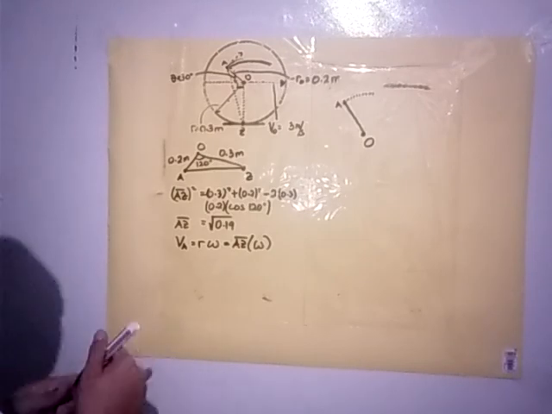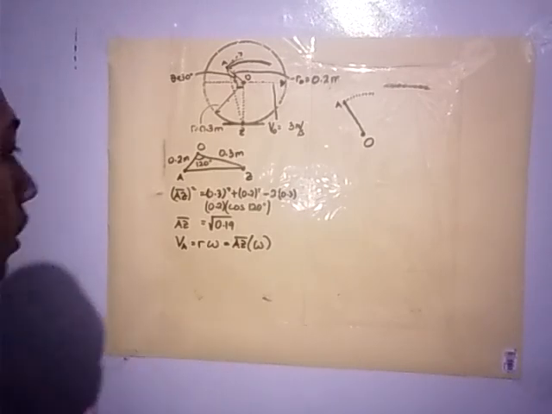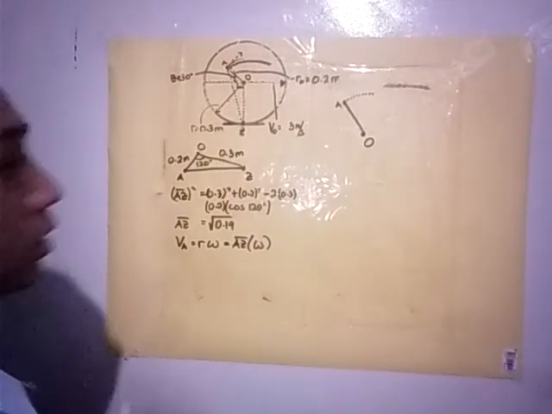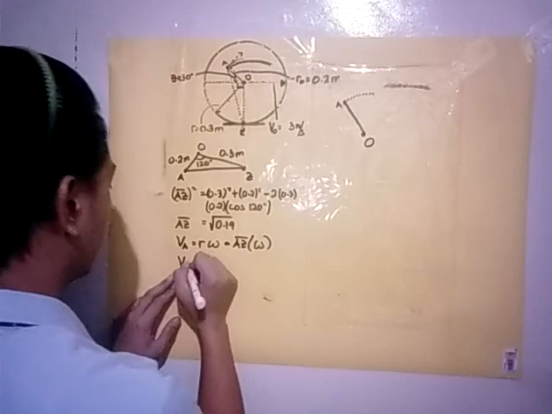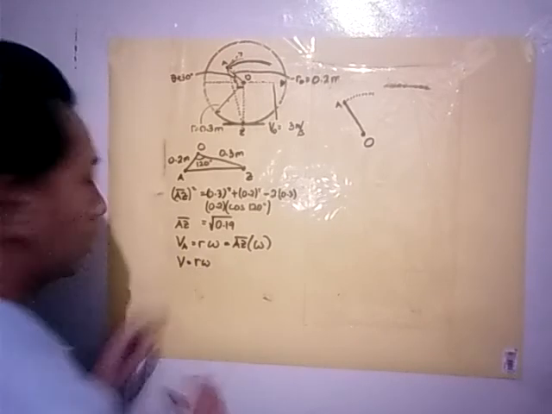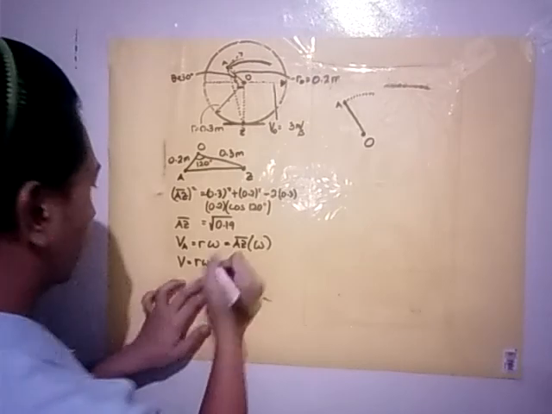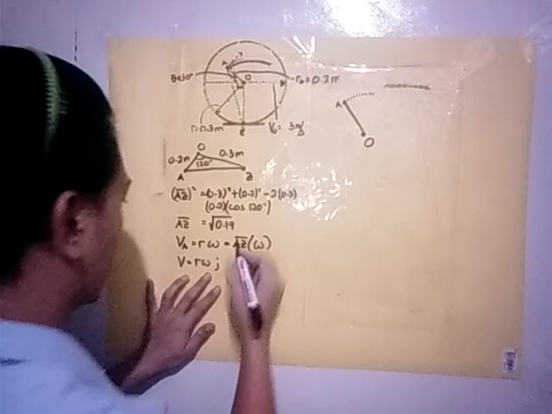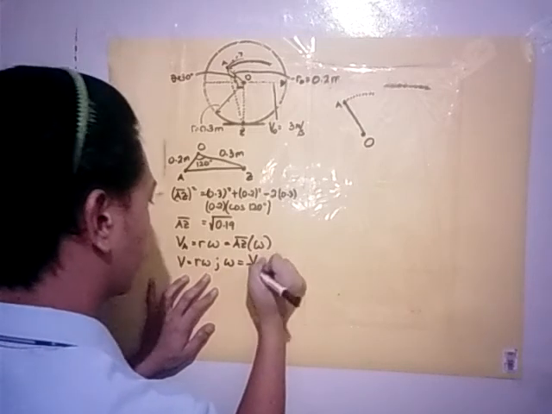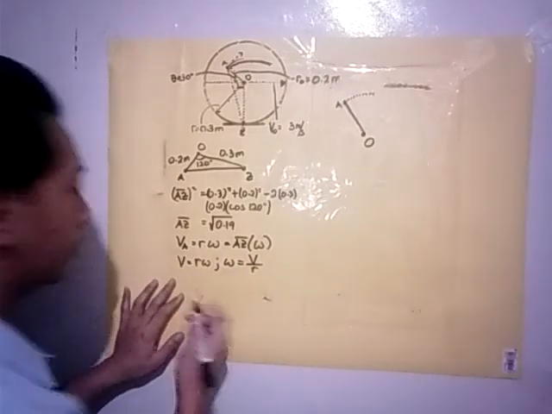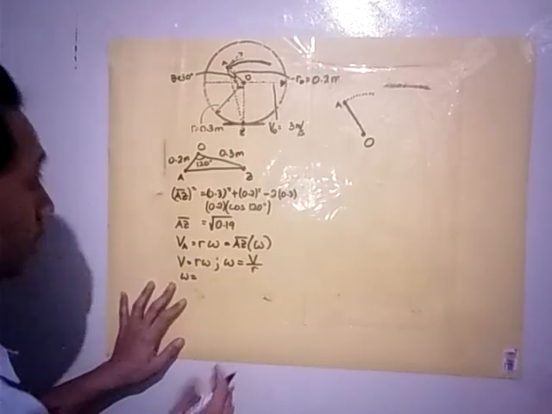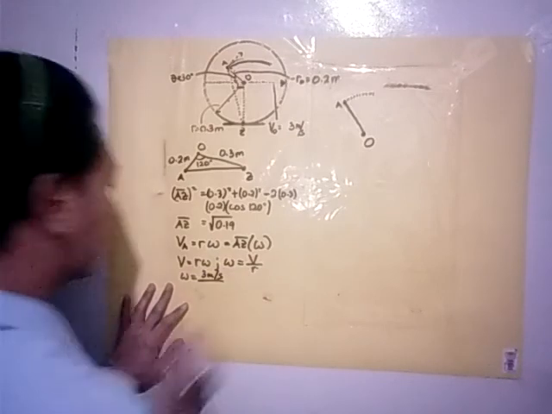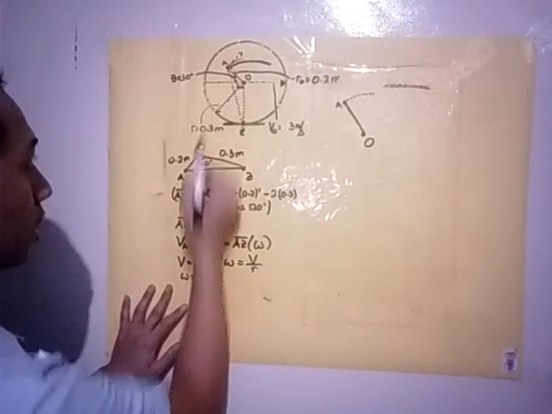To calculate it, we will use the radius of the wheel and its velocity. So V is equal to R times omega, or angular velocity, and by computing, omega is equal to V over R. Substituting the values, our angular velocity is equal to V, which is 3 meters per second, divided by R, which is 0.3 meters.